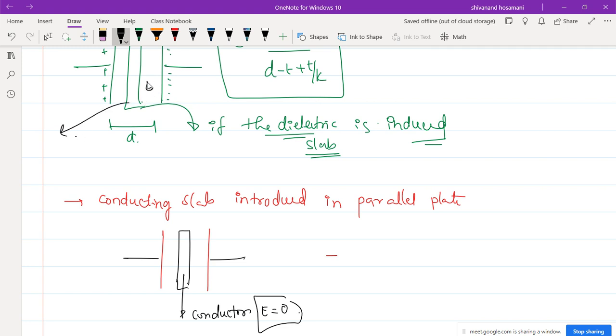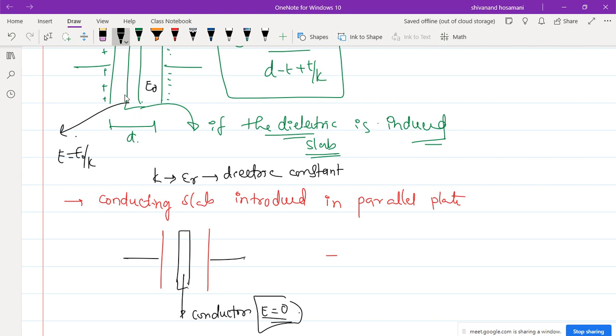If the electric field outside is E naught, inside it is E naught divided by K, where K is called the relative permittivity or dielectric constant. Both are the same.